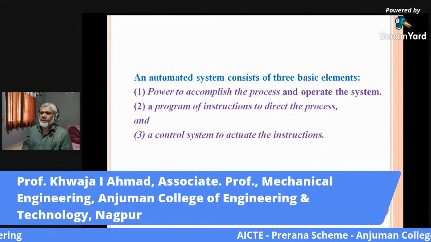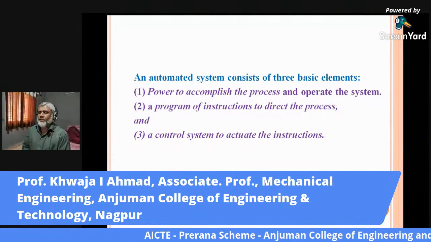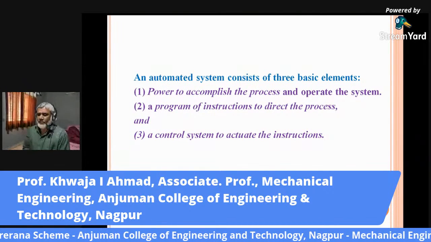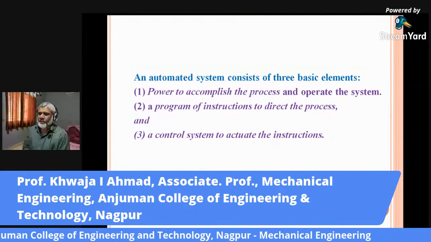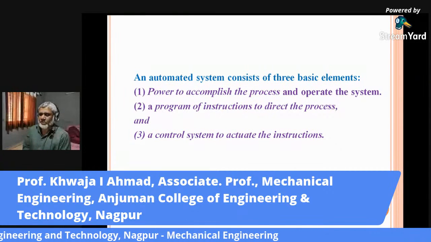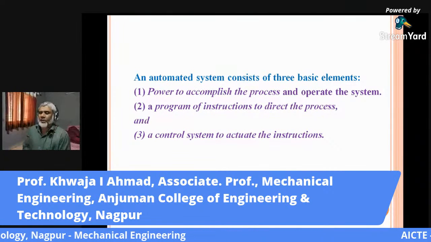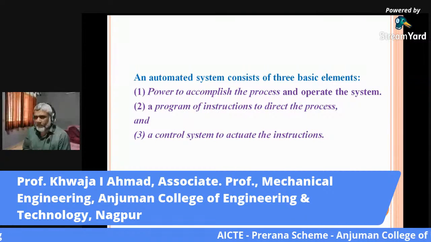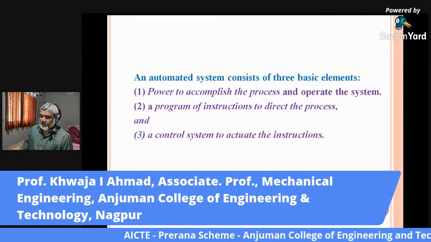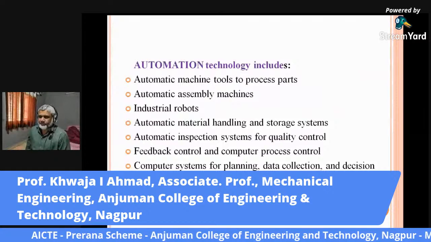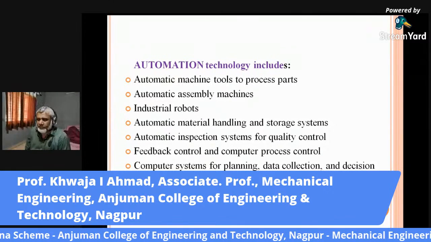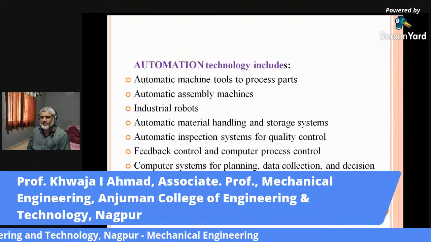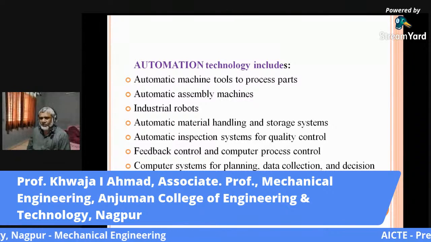An automated system consists of three basic elements. Number one, power. Number two, a program of instructions. And number three, a machine control unit or a control system. So these are the three main parts of an automated system: power, program of instruction, and a control system. Now, automation technology includes automatic machine tools to process parts, assembly machines, industrial robots.